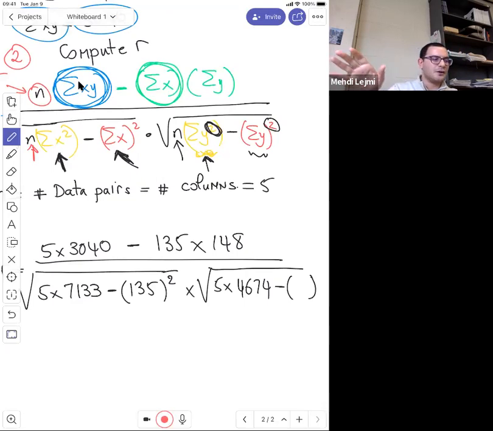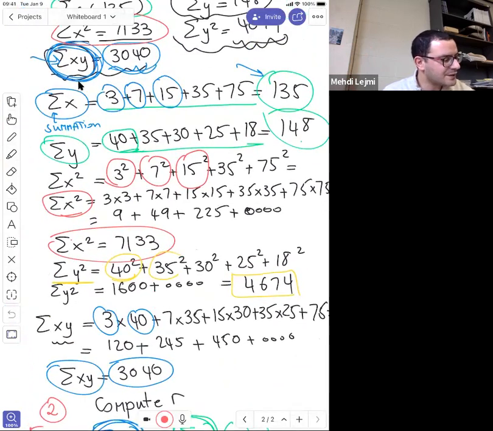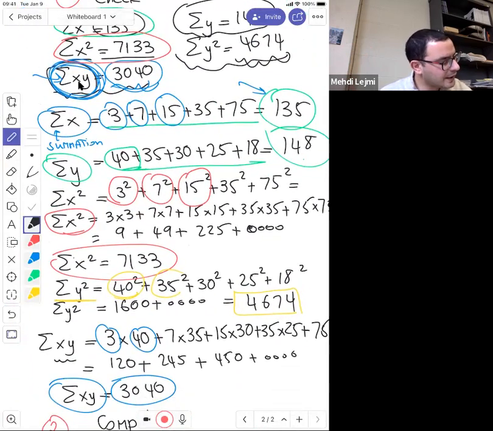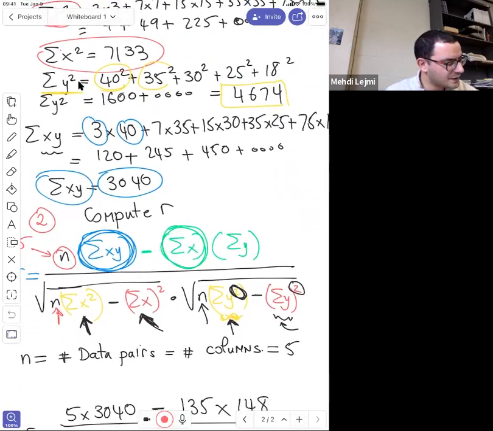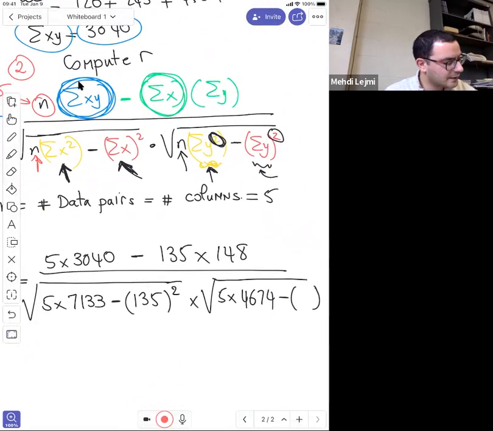Inside the parentheses, what we have is the sum of the y's, that's the first value of y plus the second value of y, etc. So that's exactly this number right here. The answer is 148. So here inside the parentheses, we have 148. Okay, and then there is this square outside.